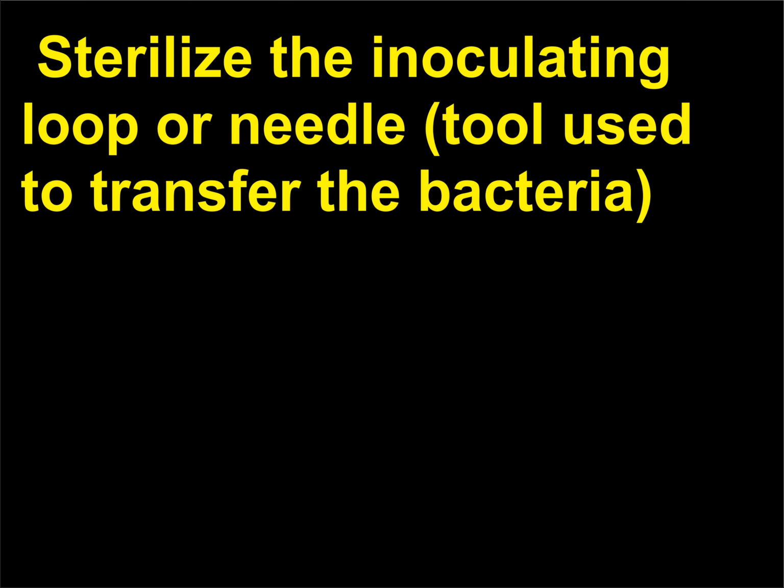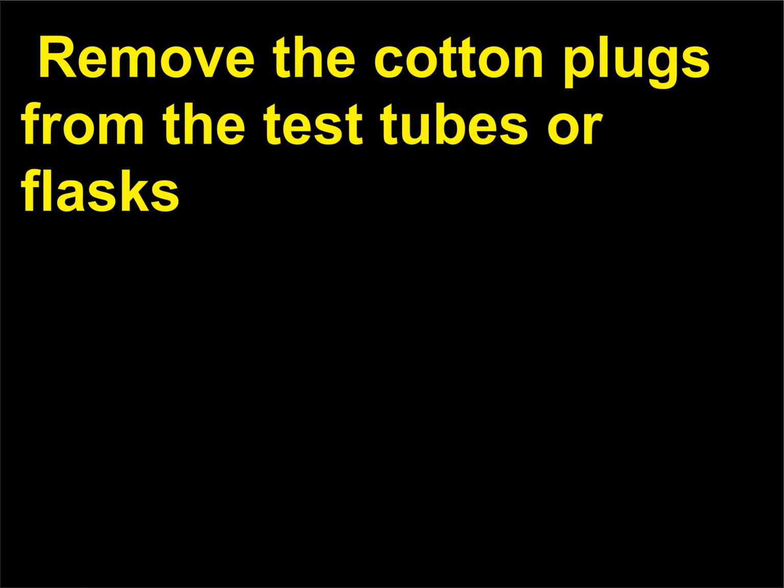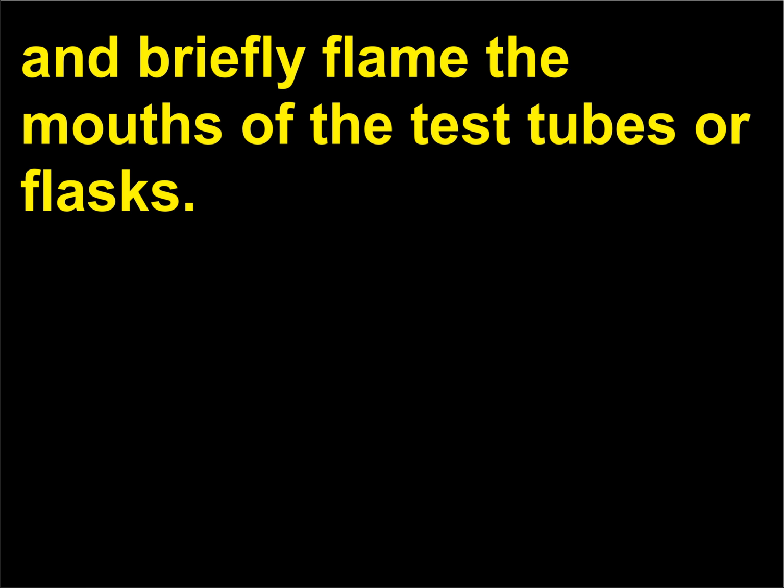Sterilize the inoculating loop or needle, the tool used to transfer the bacteria, by heating the wire in the flame of a Bunsen burner or alcohol lamp until red hot. Remove the cotton plugs from the test tubes or flasks, and briefly flame the mouths of the test tubes or flasks.